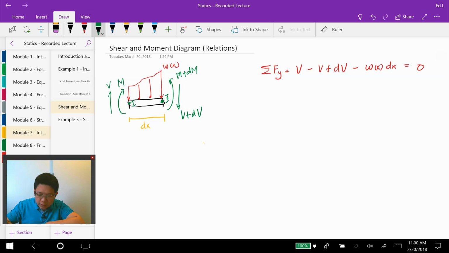Notice that here this is the resultant R, which is w(x) dx.